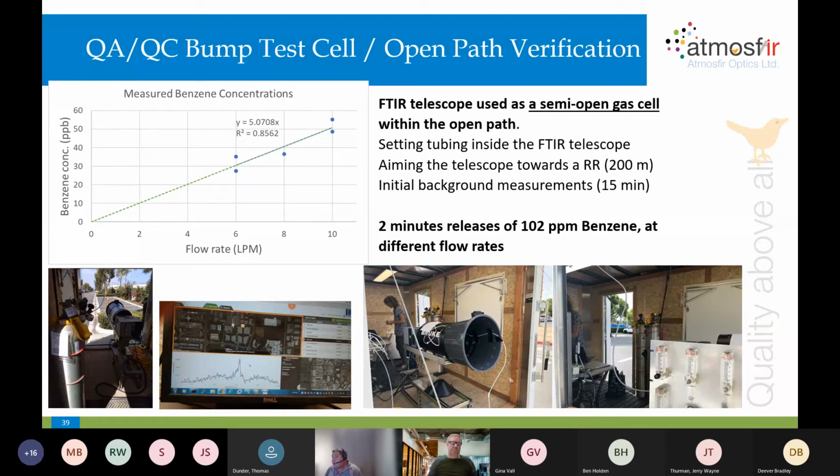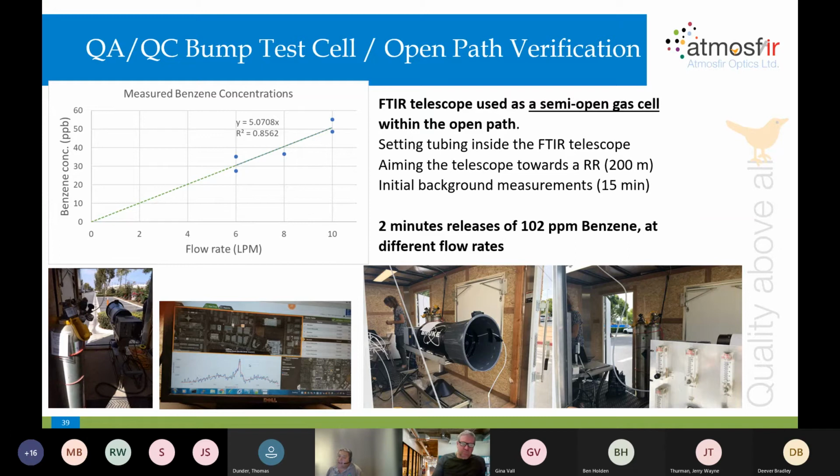So in this trial we did in the South Coast demonstration, this is what I call the trash calibration. I extended the telescope with trash to be 1 meter, and we injected 102 ppm of benzene into a 1 meter open path cell. The retroreflector was 200 meters away.